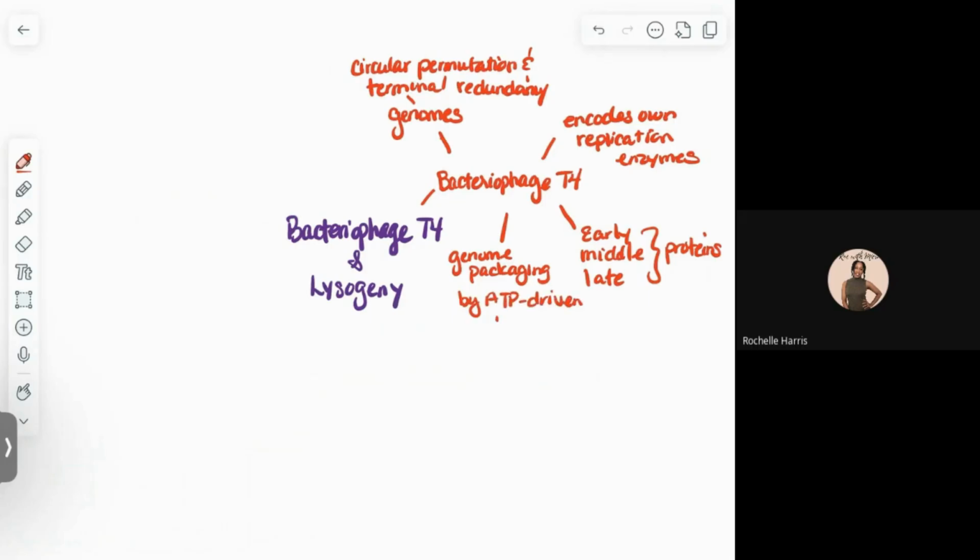Lambda phage has adopted an alternative replication strategy known as lysogeny. In this state, the viral genome integrates into the host chromosome as a prophage or persists extrachromosomally as a plasmid and replicates in synchrony with the host without producing new virions.